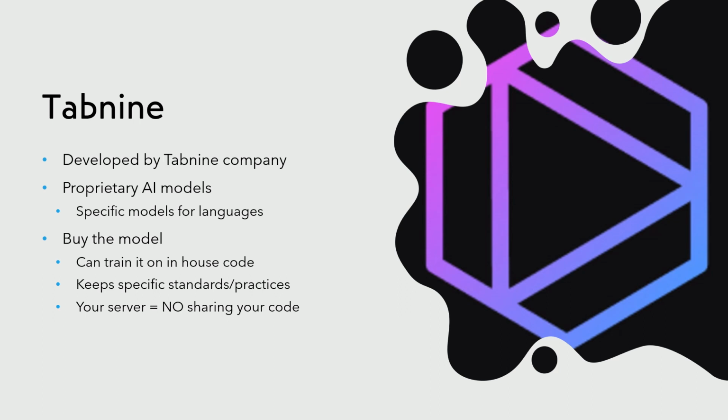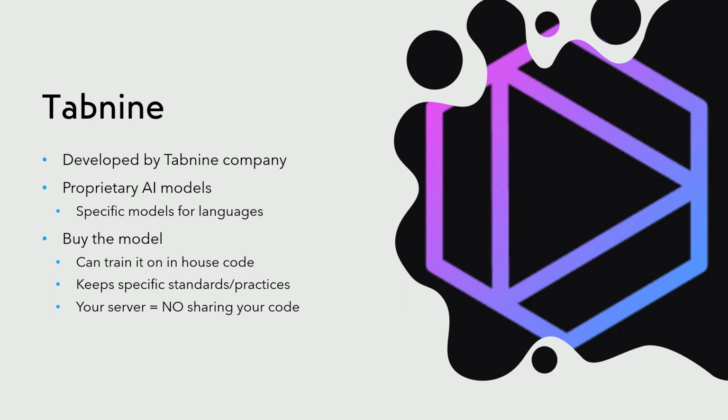Tabnine was developed by the Tabnine company. The difference between Tabnine and GitHub is that Tabnine uses proprietary AI models. They have different ones for different languages. For example, they have one for Python, for TypeScript, JavaScript, etc. And the selling point of Tabnine is that you can buy the model or a copy of the model, and it is your model.